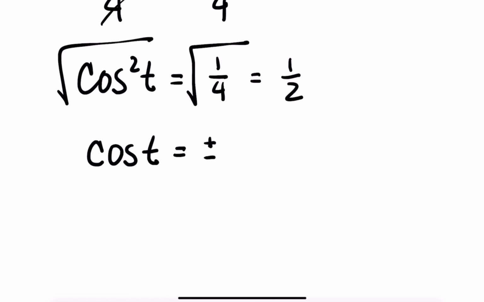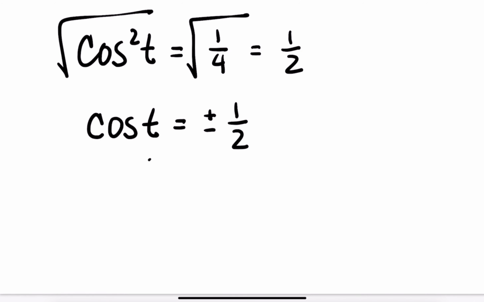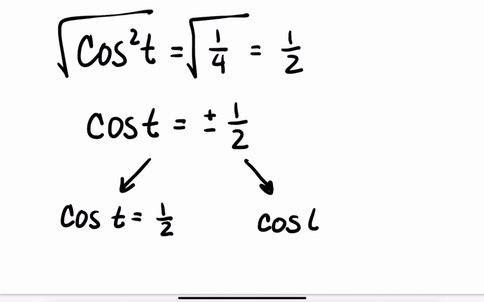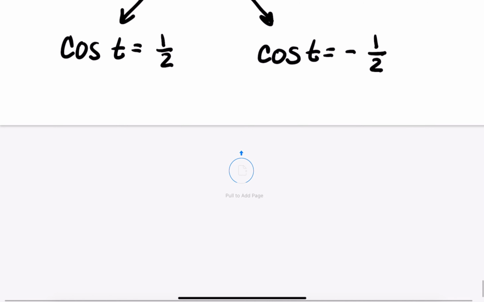So cosine of t is equal to plus or minus 1/2. So technically we have two equations. We have cosine of t is equal to positive 1/2, and we have the negative version, cosine of t is equal to negative 1/2. So let's look at both of these.